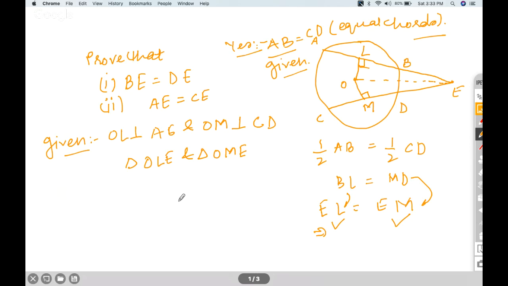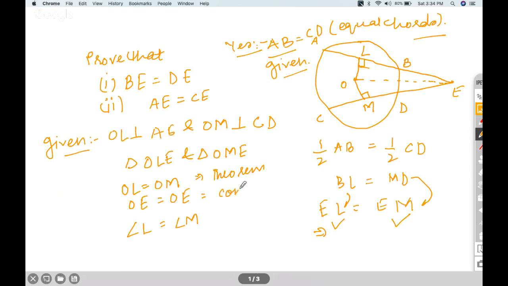Okay, Tanay has done, Shraddha has done. So okay, I'm doing it, OLE and OME. I know that if chords are equal, perpendiculars drawn to the chord from the center of the circle would be of equal length. So OL is equal to OM. I already know it. OE is common, and angle L is equal to angle M. So this is by theorem.